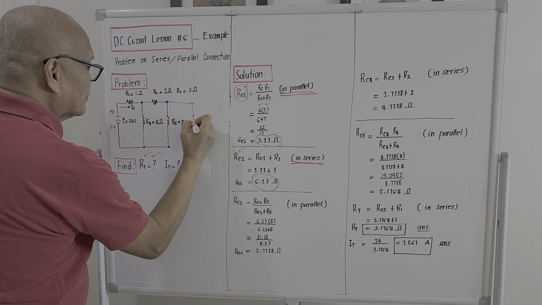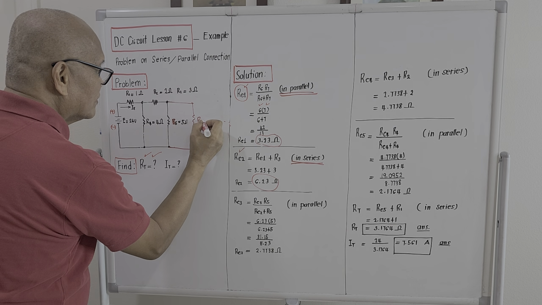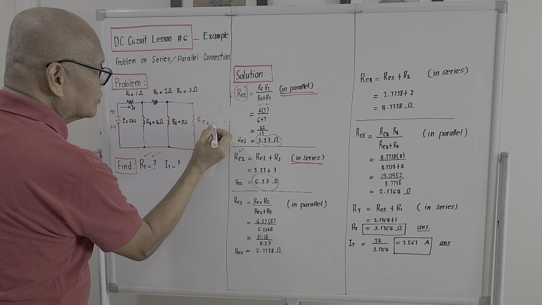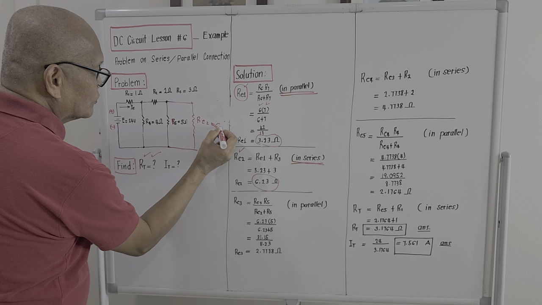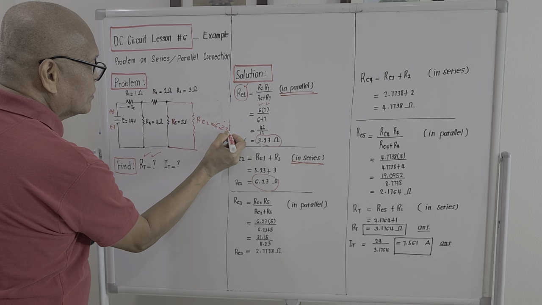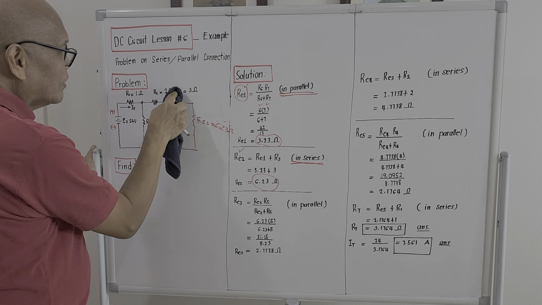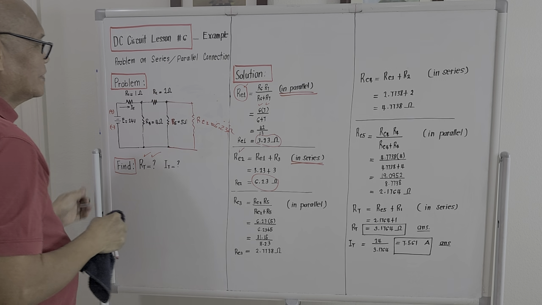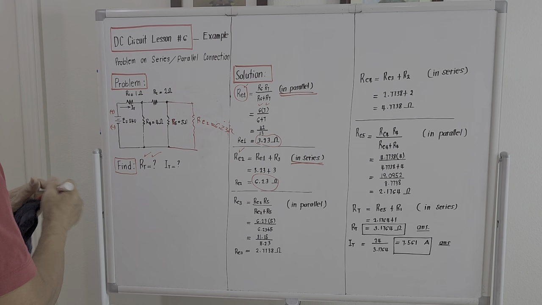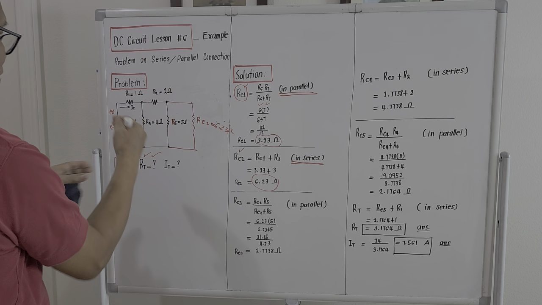This is the single equivalent. This is now RE2. And RE2 is actually, as per our computation, 6.23 ohms. Okay? We can erase R sub 3 now. We use the value already, right? So we are making the circuit simpler now as we move from right to left.